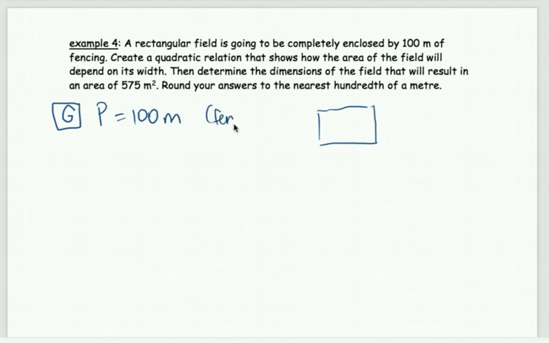From there, create a quadratic relation that shows the area of the field depends on its width. So we need area and we need width. These are our variables.